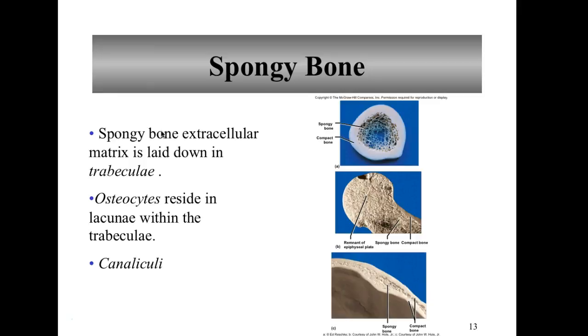Remember that in diffusion, substances move from areas of high concentration into areas of lower concentration. The osteocytes themselves do reside in lacunae that are found within the trabeculae of that spongy bone.